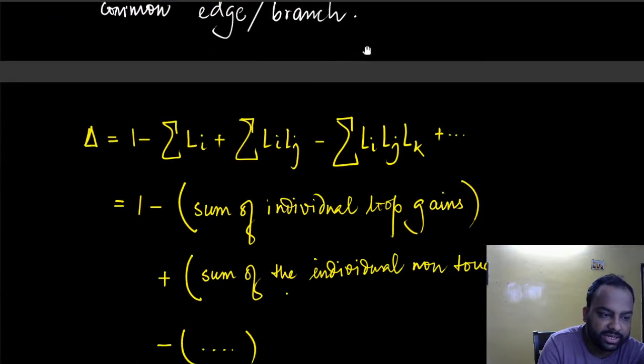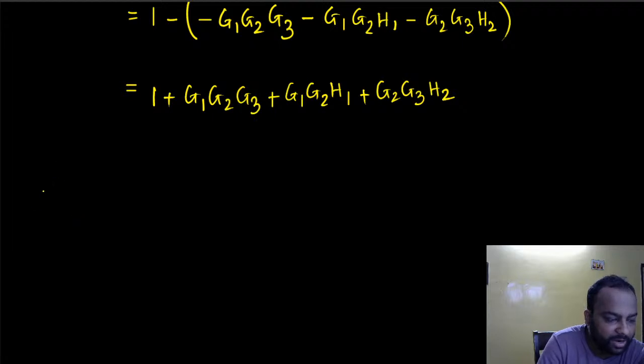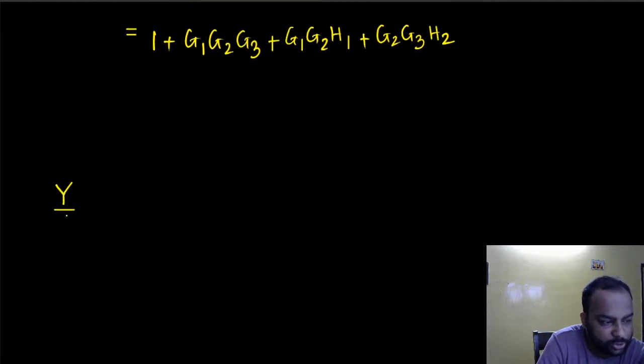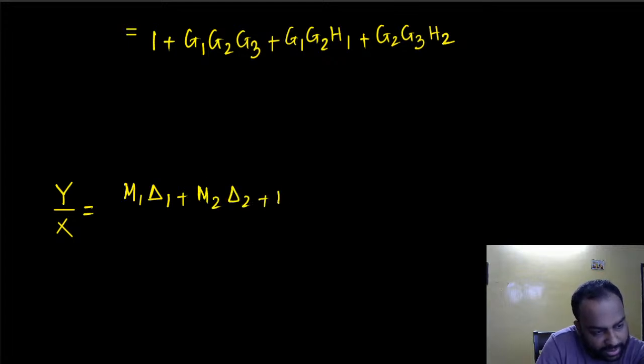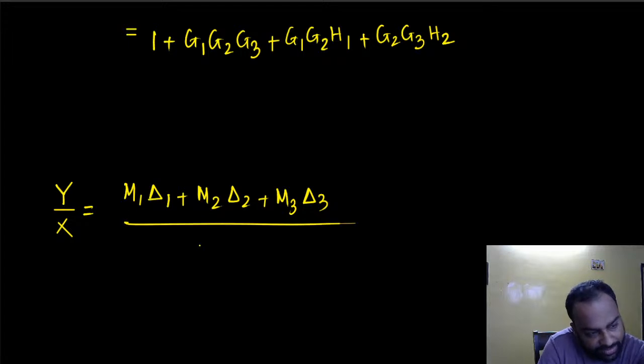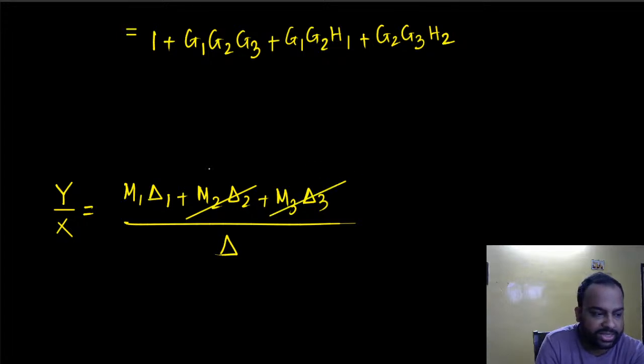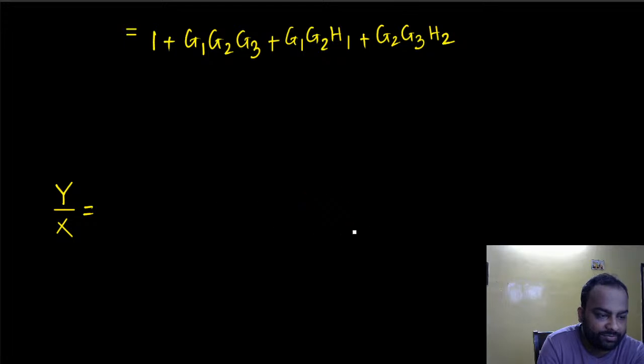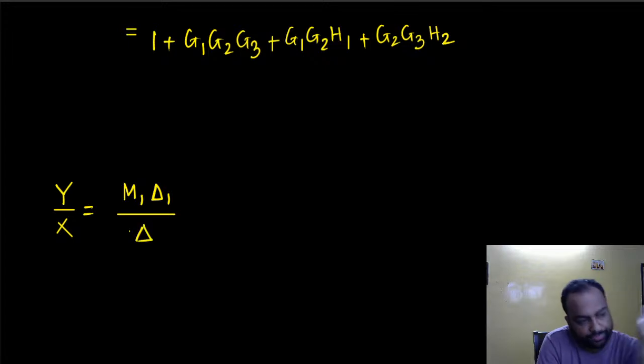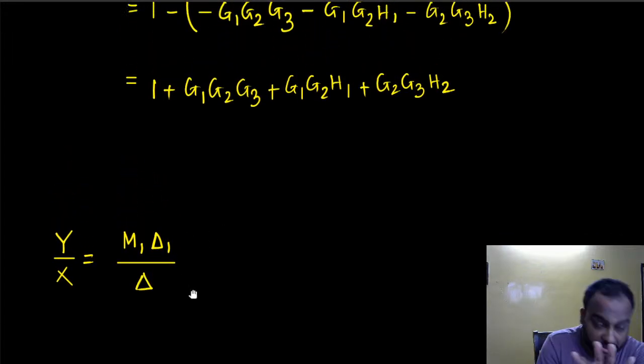Essentially Mason's gain formula, where y by x is the total transfer function, looks like m1 delta 1 plus m2 delta 2 plus m3 delta 3 divided by delta. But fortunately for our example, I don't even have m2 because there is just a single forward path. So those are cancelled, and what we have is m1 delta 1 divided by delta. That is your Mason's gain formula for this particular scenario.